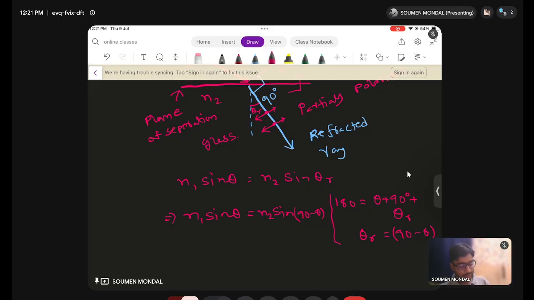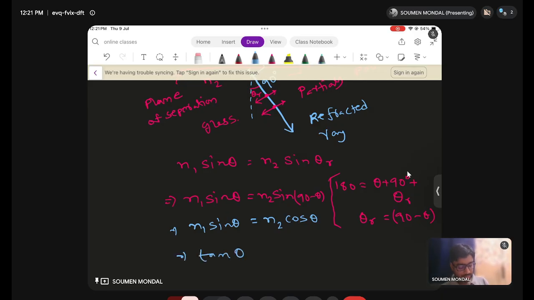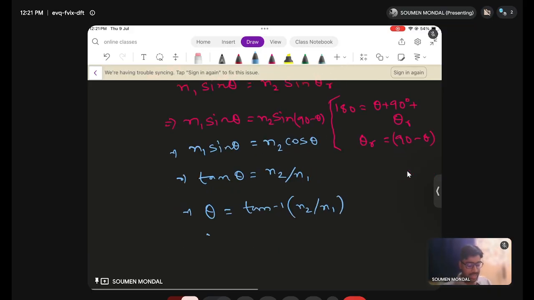The fact Brewster discovered gives us a way to replace the refracted angle with respect to the angle of incidence. So it becomes N2 cos theta, or tan theta becomes N2 by N1, or theta will be tan inverse N2 by N1. This is your Brewster angle and the mathematical representation of the Brewster law.